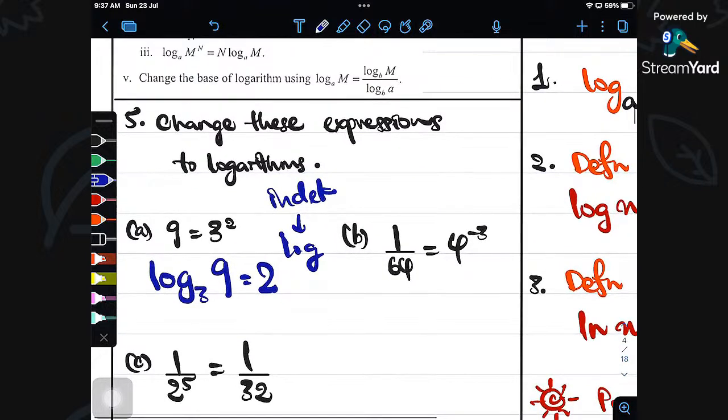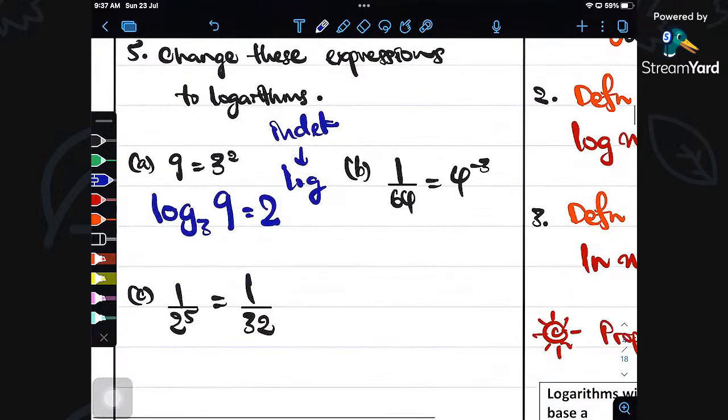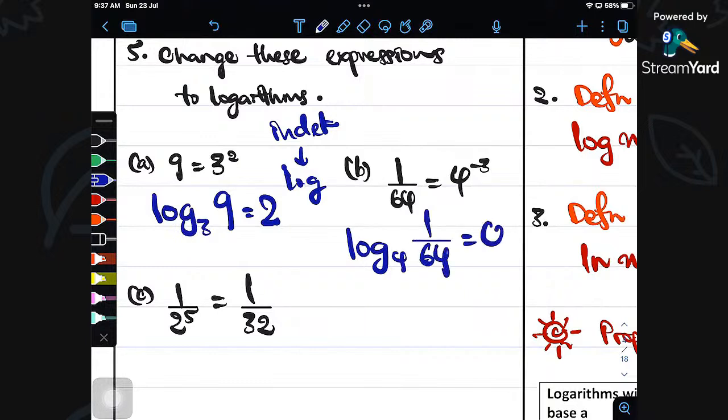I'm just here to recall how you convert from index form to logarithm. So make sure you recall how we do this. Basically this one will become log base 4 of 1/64 equals negative 3. I bet you do know already.